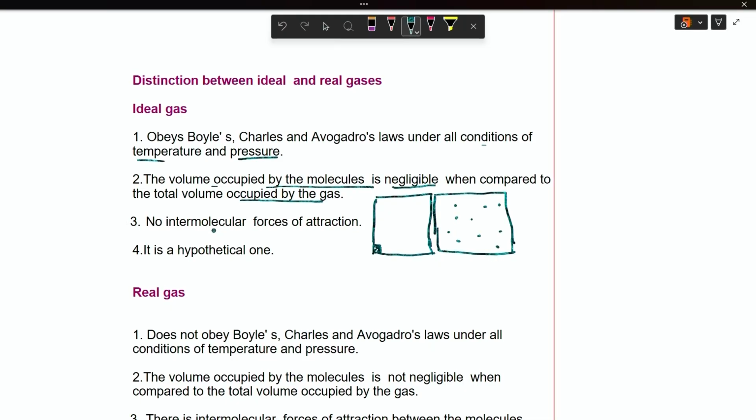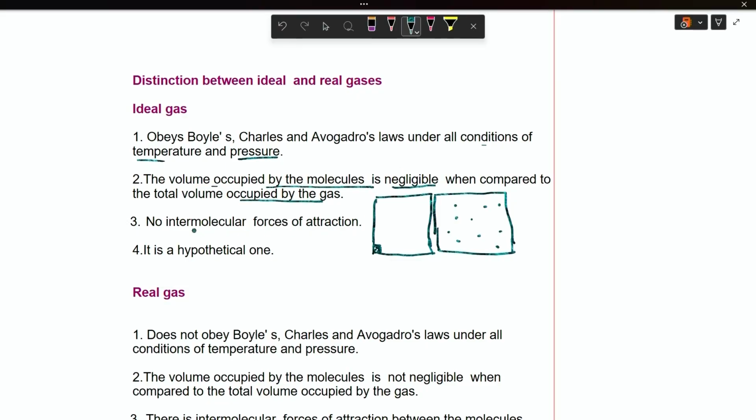Hope it is clear. Another point is that there are no intermolecular forces of attraction between the gas molecules. If a gas is ideal, the gas molecules do not exert any attractive or repulsive forces.